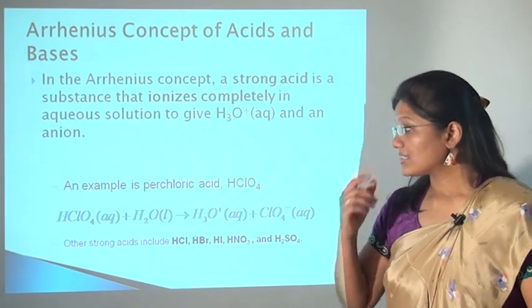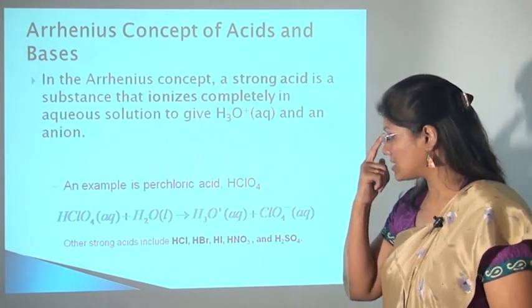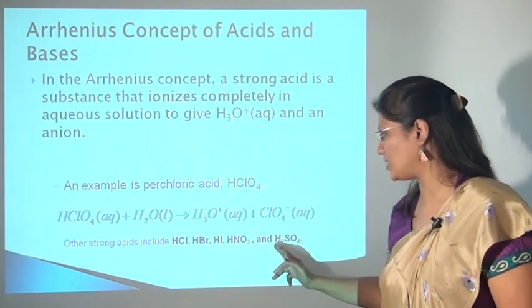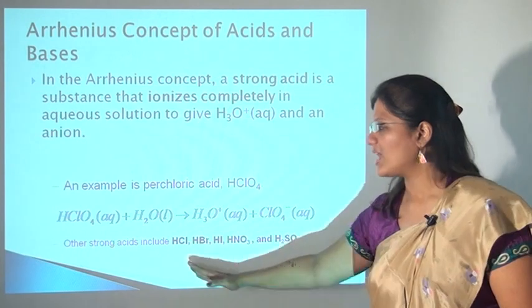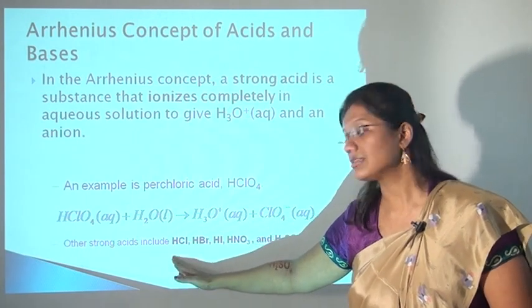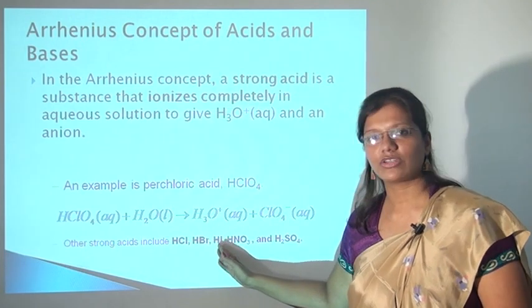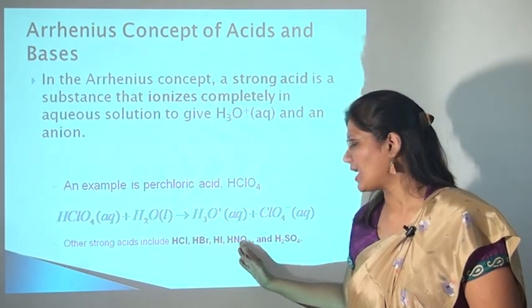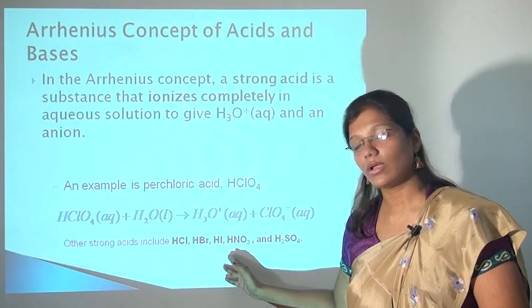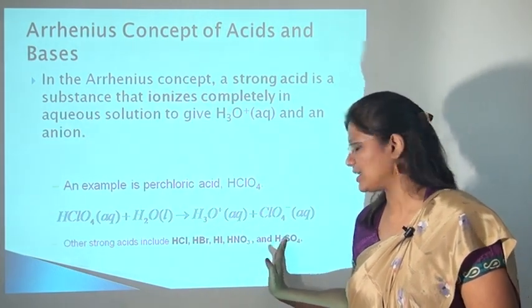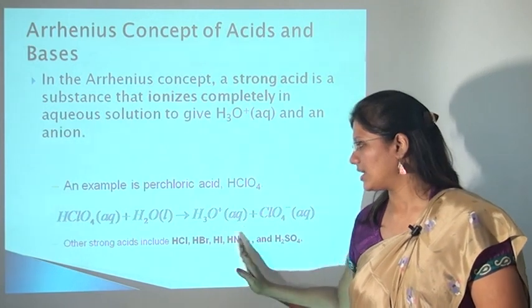The strong acids include HCl, HBr, HI, HNO3 and H2SO4. HCl is hydrochloric acid, HBr is hydrobromic acid, HI is hydrogen iodide, HNO3 is nitric acid and H2SO4 is sulfuric acid.